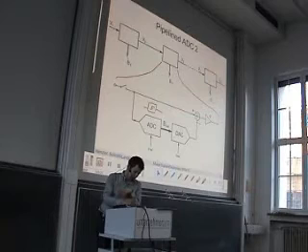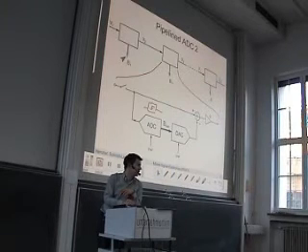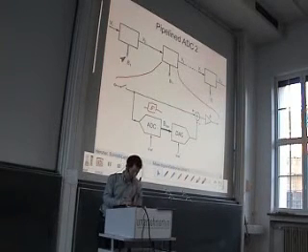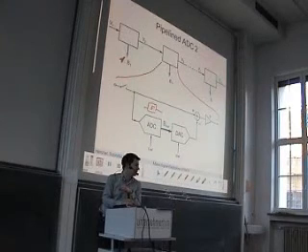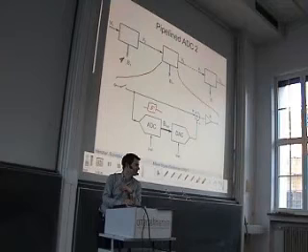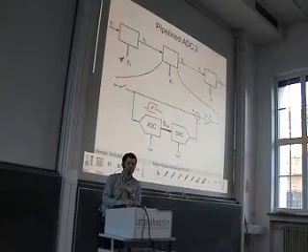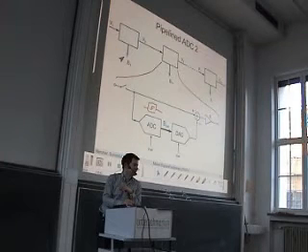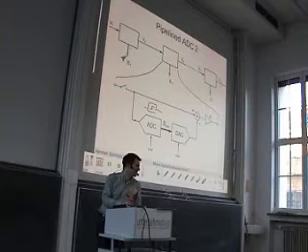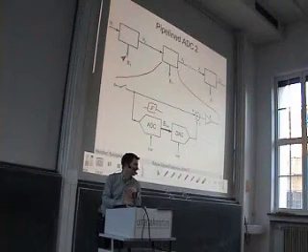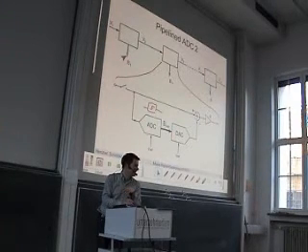When is this bit valid? What do you think? After how many cycles? Okay, I will wait. Someone has to answer this. After how many cycles is this bit valid?